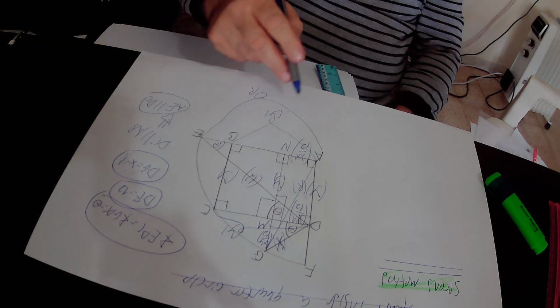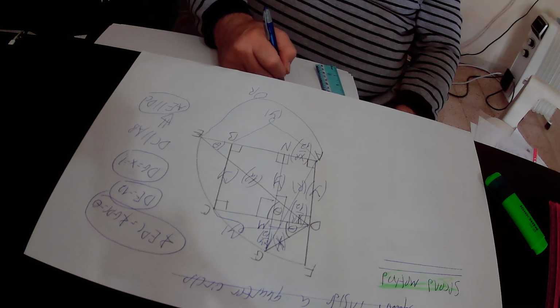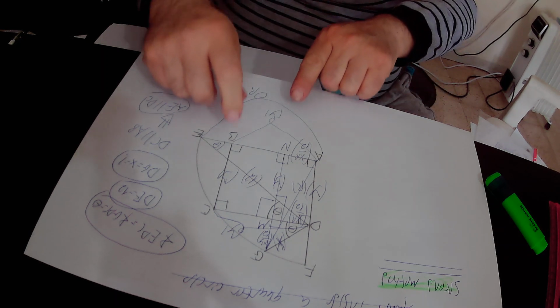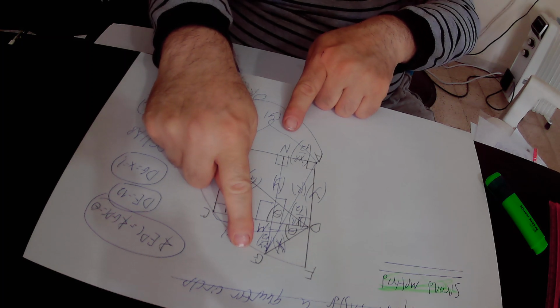We have already found out that AN equals X times R over 12. And what is the length of line segment GN? Line segment GN equals GM plus MN.